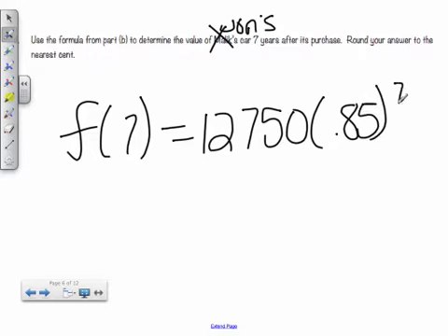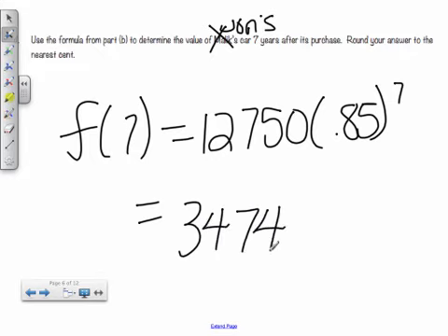Plugging that into my calculator, I'll end up getting $3,474.25. So just after 7 years, your car that you bought for $15,000 is worth less than $3,500. It's really big how much it decreases by, but eventually it will start to level off.